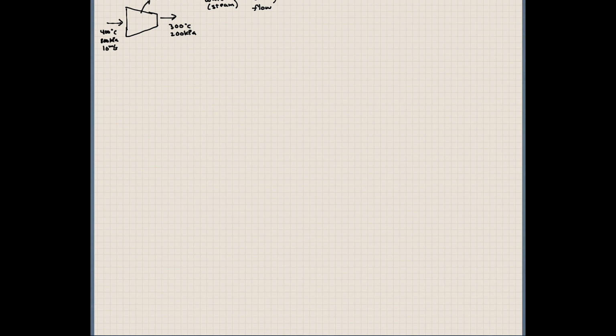We know that this inlet area here is 800 centimeters squared also. What we are interested in, so let's find the exit velocity, and let's also find the volumetric flow rate.